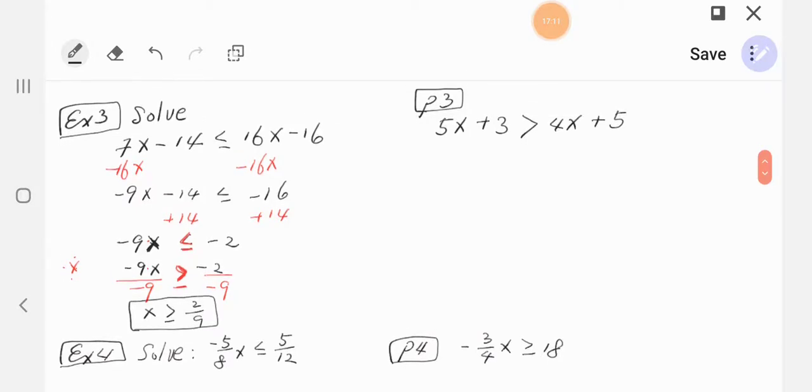All right, problem 3. Let's do the same thing. Okay, 5x and 4x. Variable terms are separated, so why don't we move the variable term for x from the right to the left? And then combine the like terms. So 5 minus 4 is 1, so x plus 3 is greater than 5.